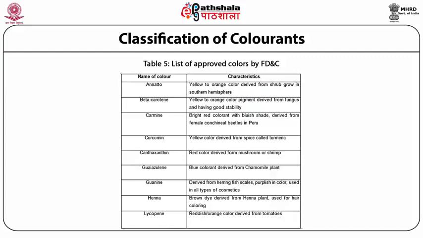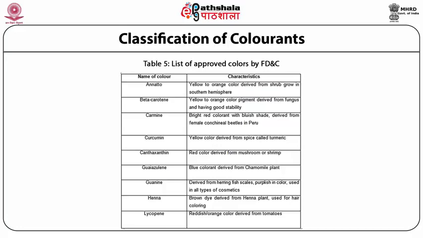Number 3, carmine, which is a bright red colorant with a bluish shade and is derived from female cochineal beetles in Peru. Number 4, curcumin. It is a yellow color derived from the spice called turmeric.